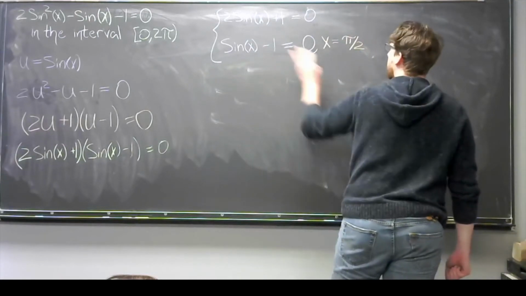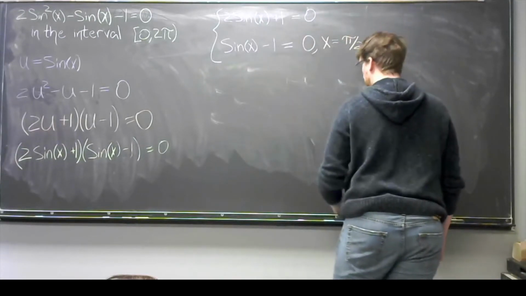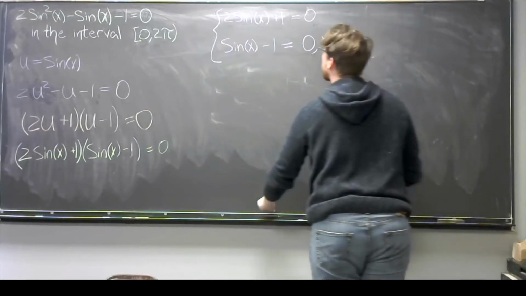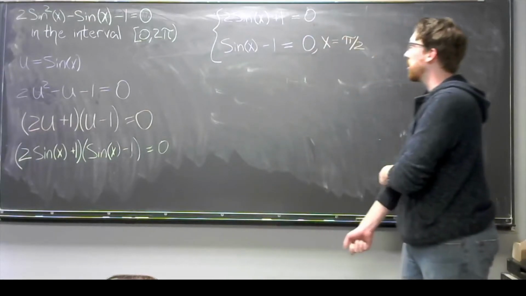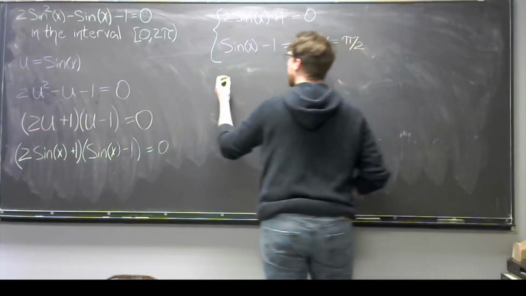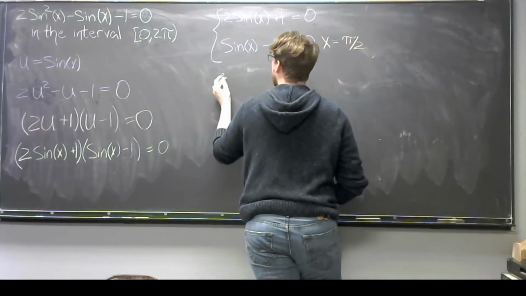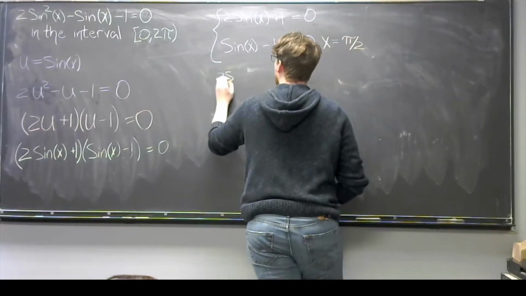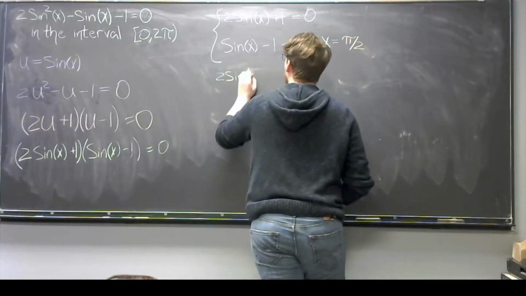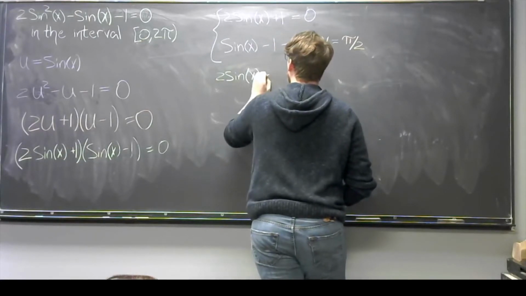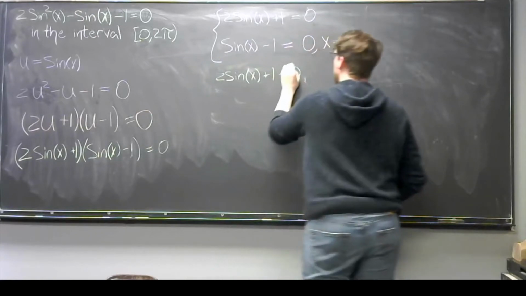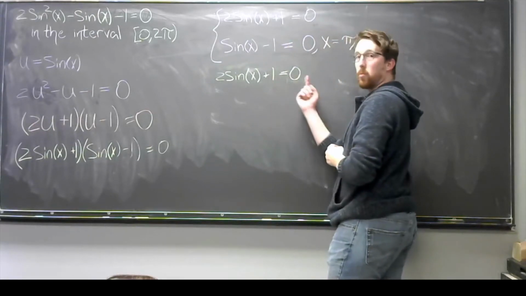Now let's solve this top part here. And just in case you can't see it because it's all smeared up there, I'm going to rewrite it. It is 2 times the sine of x plus 1 is equal to 0. And we're going to subtract 1 from both sides.